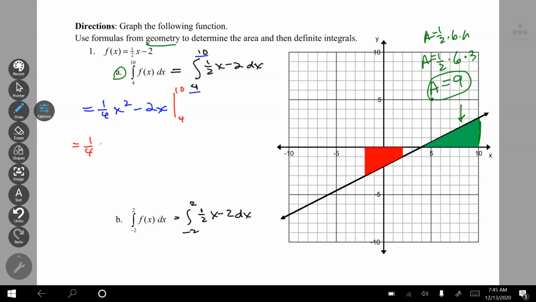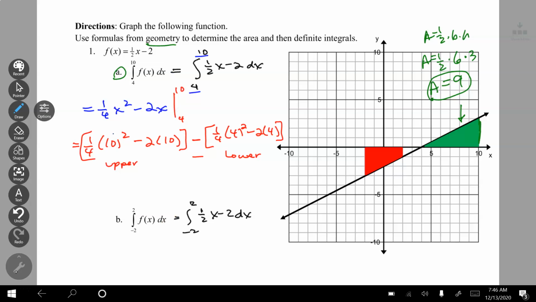So 1/4 of 10 squared minus 2 times 10. That is the whole upper limit. Minus, plug in 4, 1/4 of 4 squared minus 2 times 4. And that's my whole lower limit.